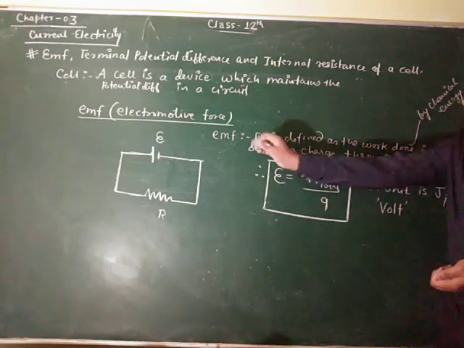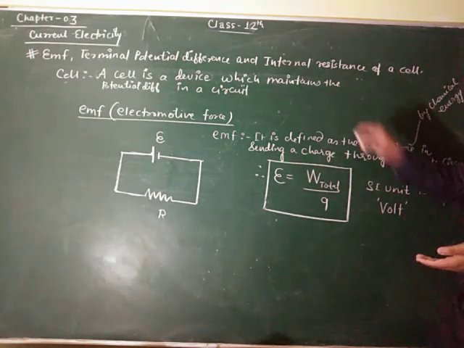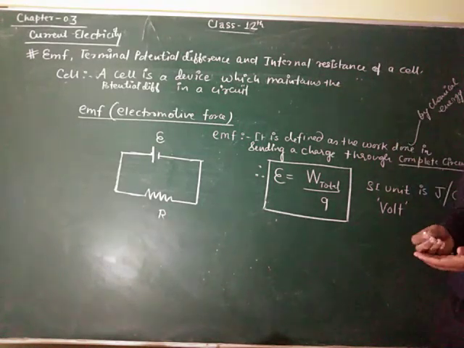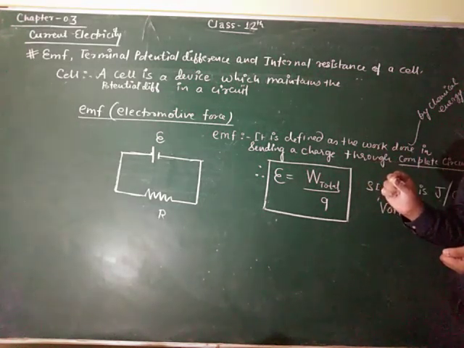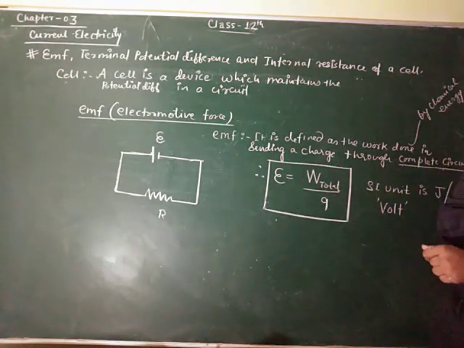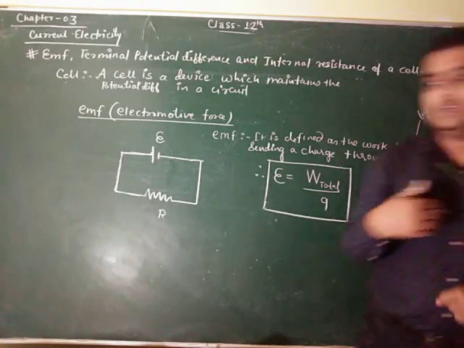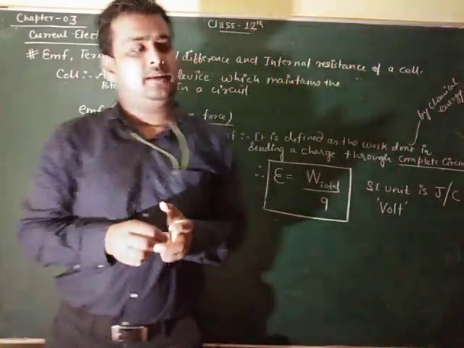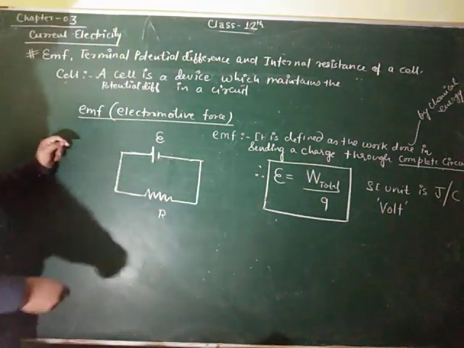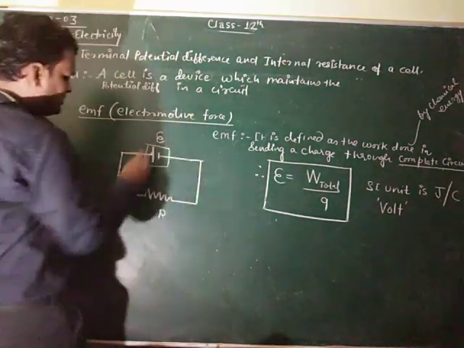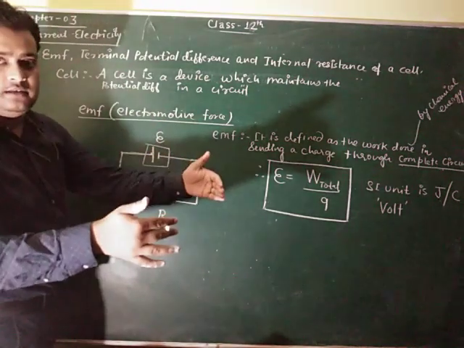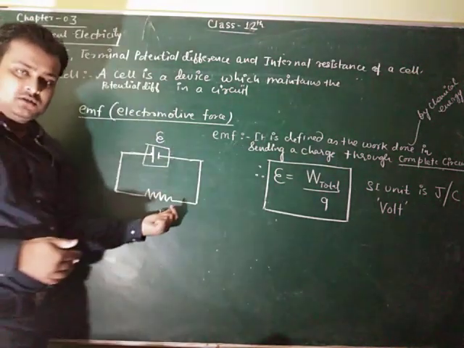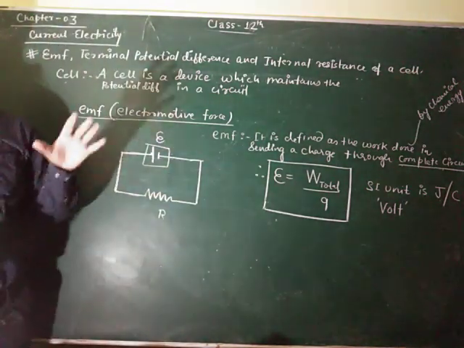EMF can be defined as the potential difference of the cell when there is no current in the external circuit. There are two circuits: this is the internal circuit, this is the external circuit. Except for this cell, outside the cell we call it the external circuit, and inside the cell we call it the internal circuit.